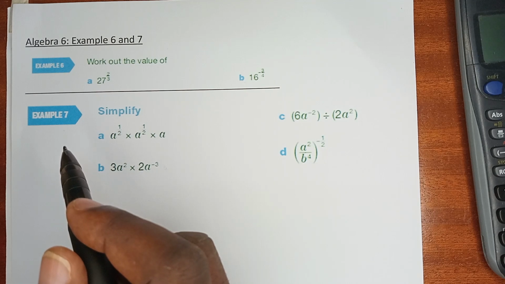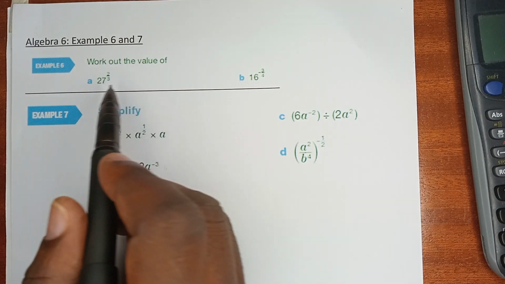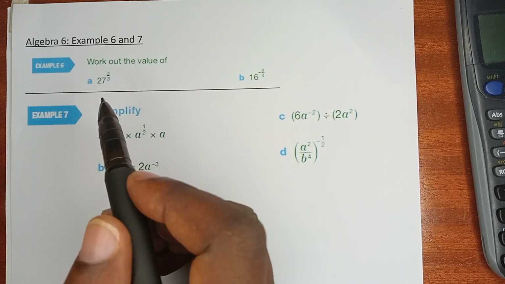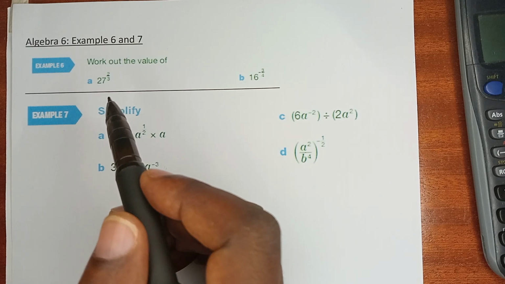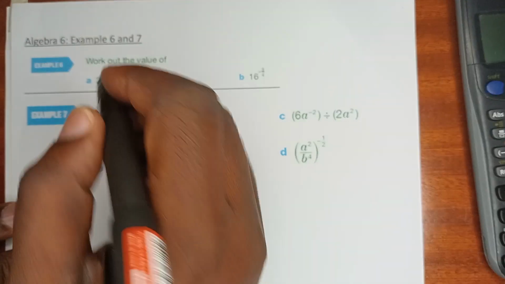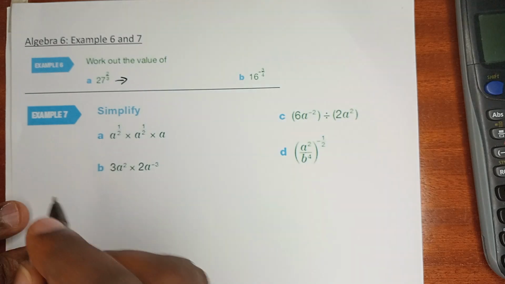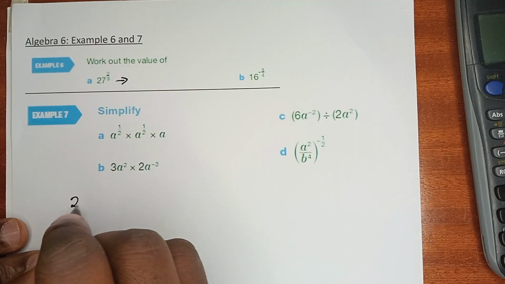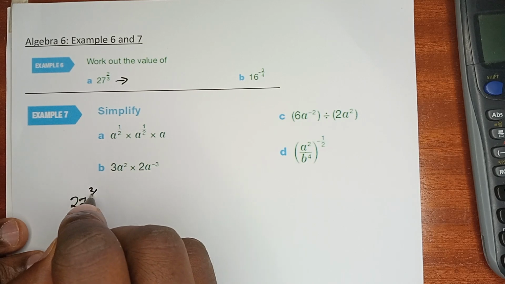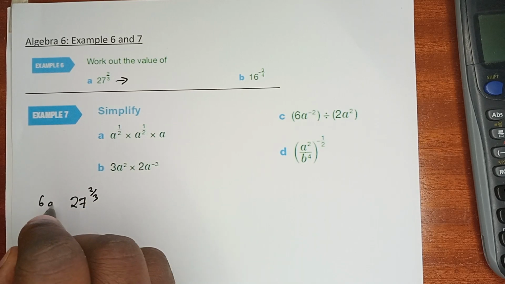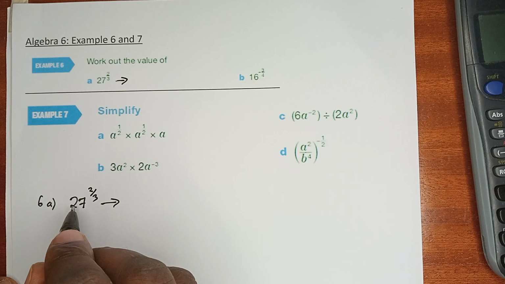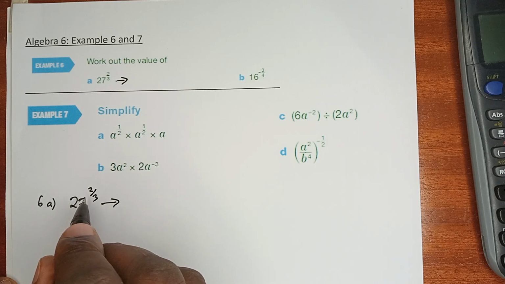In example 6, we are told to work out the value of 27 raised to power 2 over 3. Let me just work it out here. 27 raised to power 2 over 3. This is 2, and 3 is at the denominator position. So we are going to get the third root of 27, where we shall square everything.